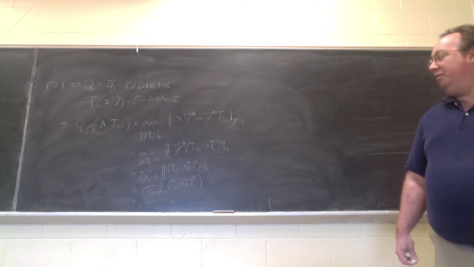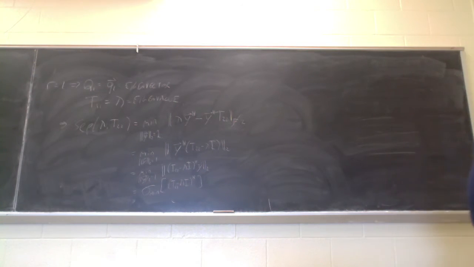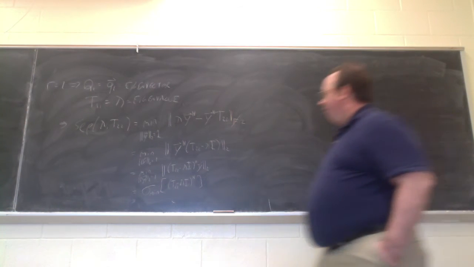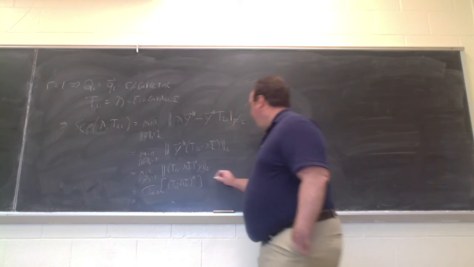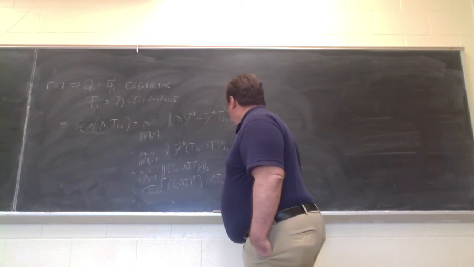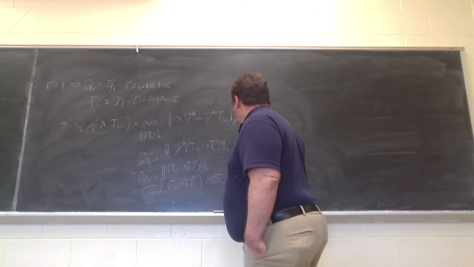So the minimum gives you the smallest singular value. Now, singular values of a matrix are the same as singular values of its Hermitian transpose. So I get the smallest singular value of T22 minus lambda identity.